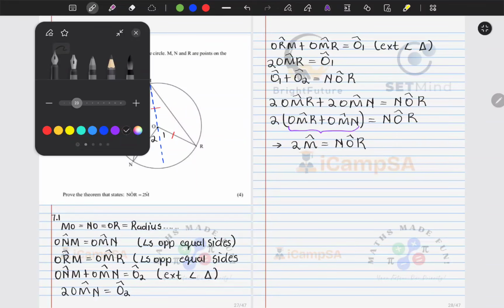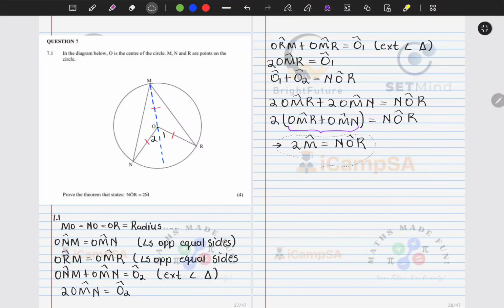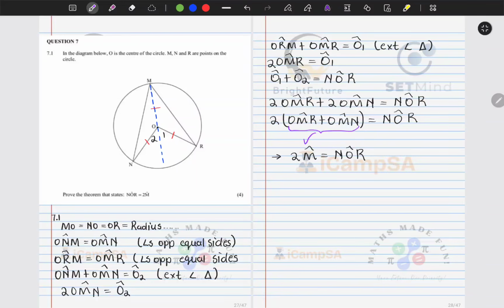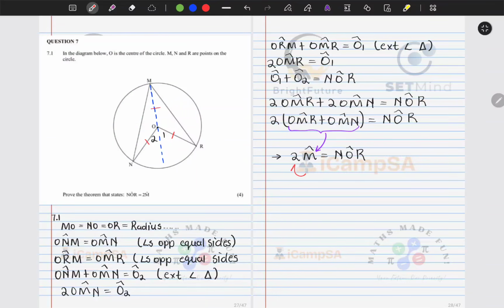Okay, and this is the end of it, because what is purple is what led to this here. It is just angle M. So this here would be your answer. Your proof would be finished at this point.